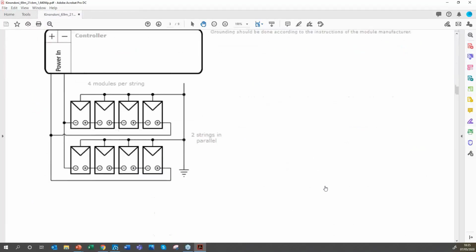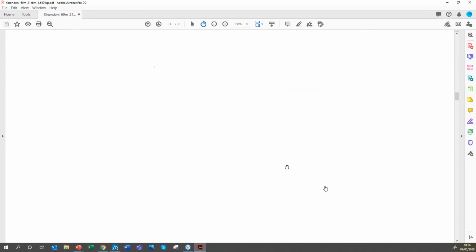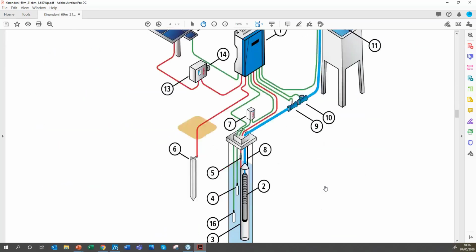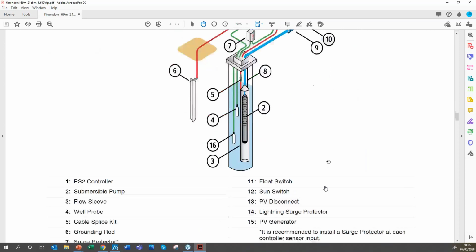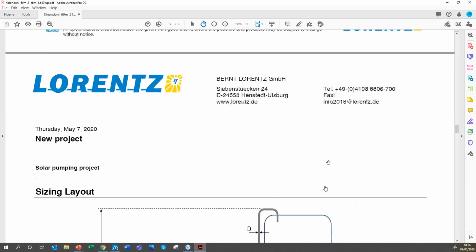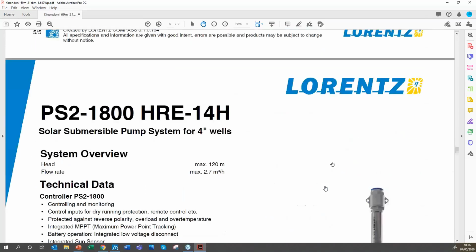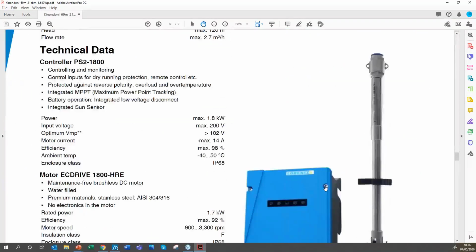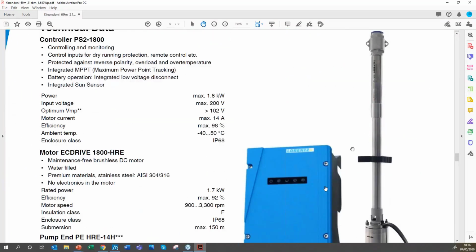The wiring that we saw, so here we can see the wiring. We see a component diagram of all the components in there to help understand what's being included for a customer. Then we have a data sheet about the pump, giving the information about this specific pump here. And then we go on to the module data sheet, etc.